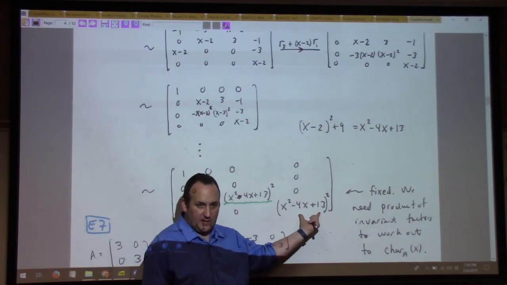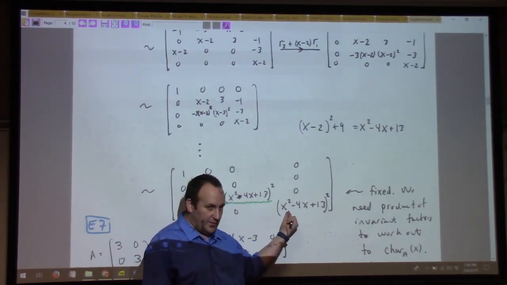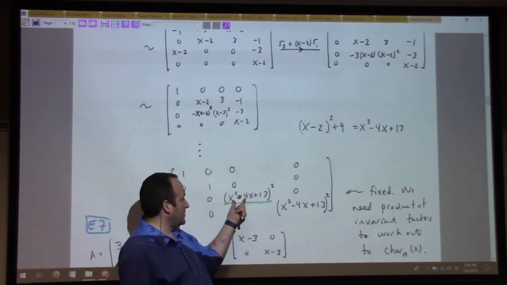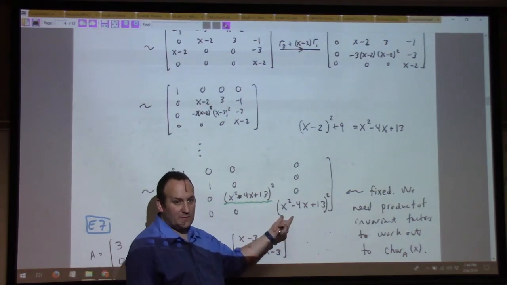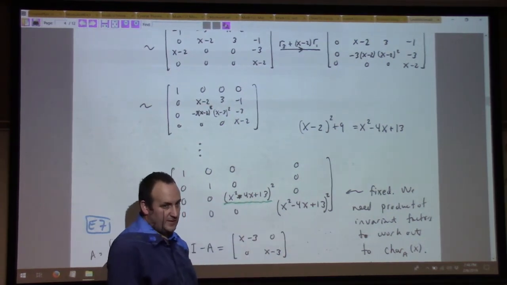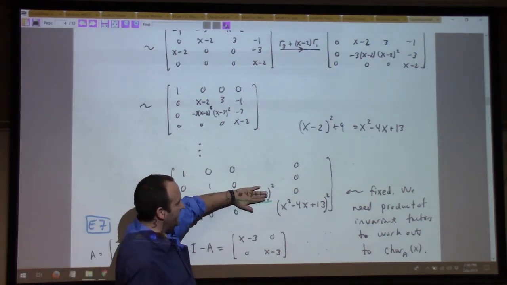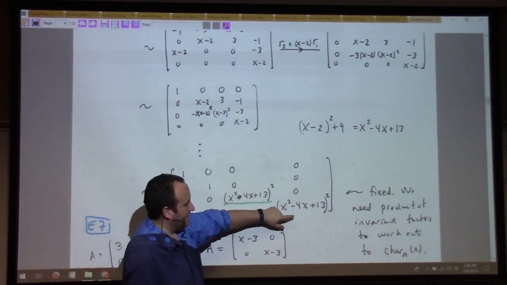So the characteristic polynomial is fourth order. We only get a total of 4 degrees worth of invariant factors. I can't have this and that. If I multiply those together, I've got an 8th order polynomial, which cannot possibly be the characteristic polynomial here. So I think what would happen if I did the calculation correctly, I'd have a 1 here, and I'd just have that.